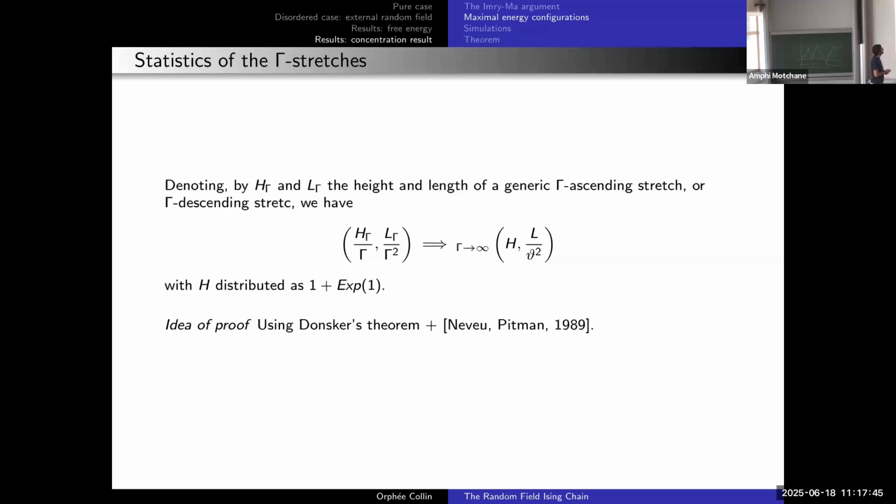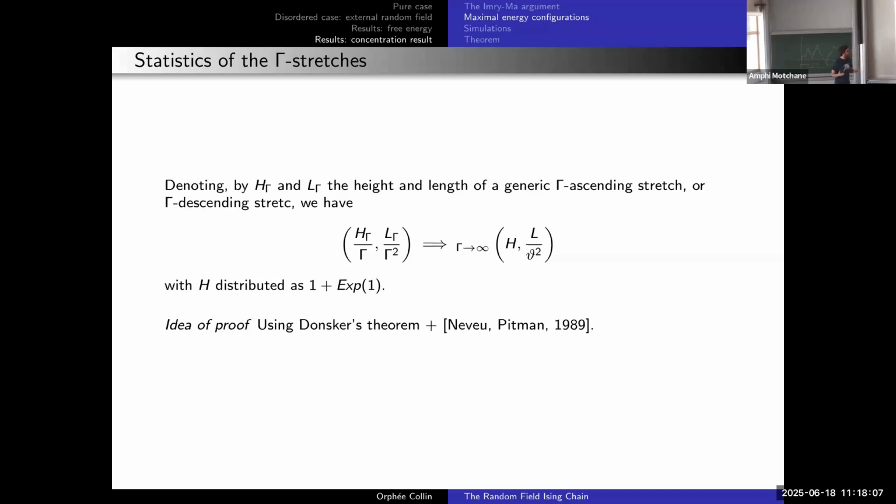If you look at the height and the length of a generic gamma ascending stretch, you can express them using fluctuation theory, but it's not very explicit. However, you can characterize the limit as gamma goes to infinity.